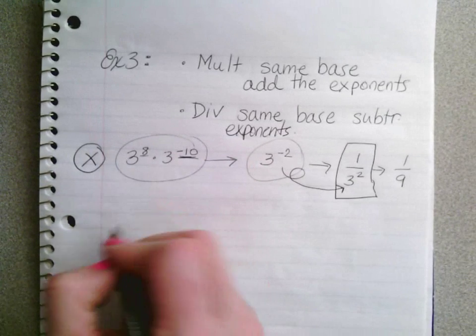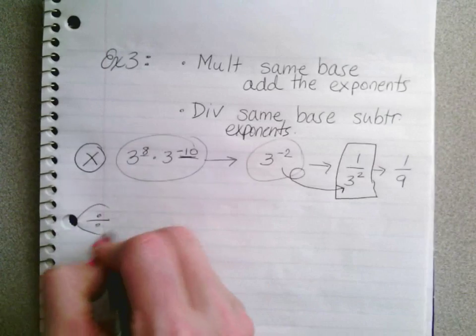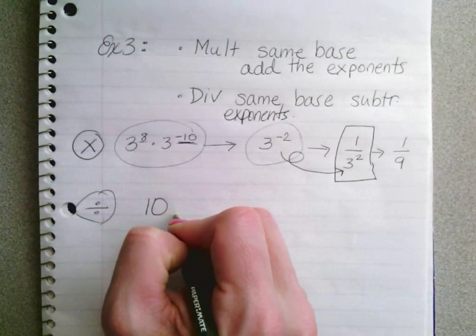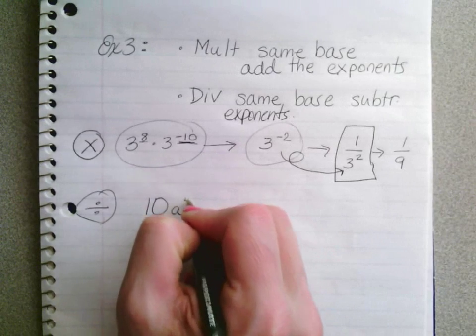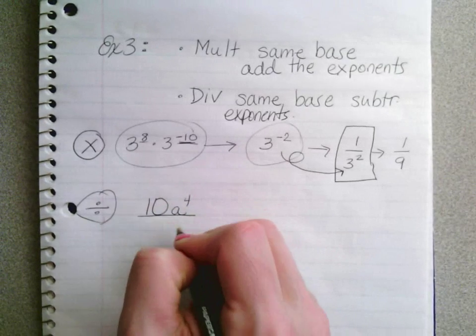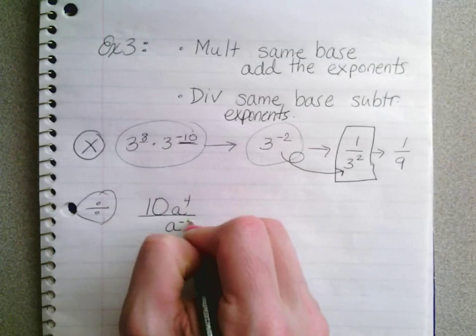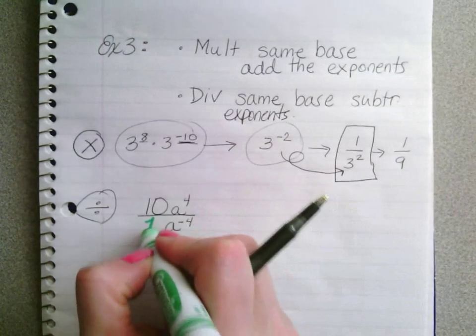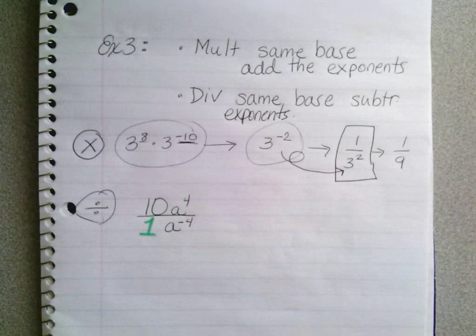Letter B is division. And you have a book example, but mine looks like this. 10a to the 4th divided by a to the negative 4th. Now there's no coefficient, so it's 10 divided by 1, right?